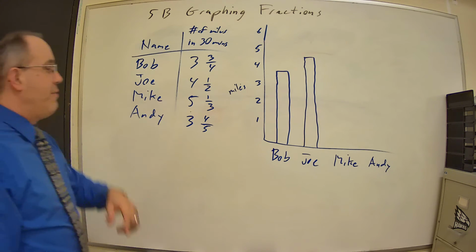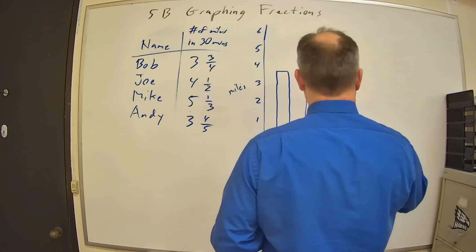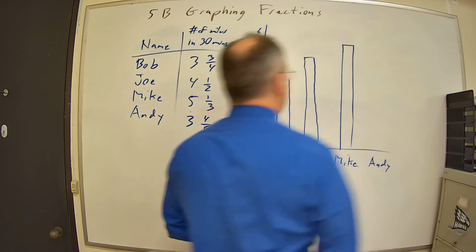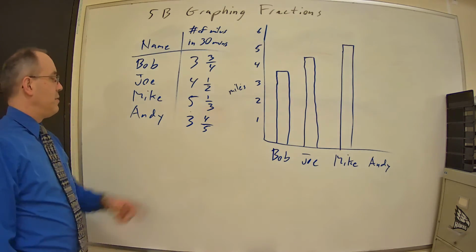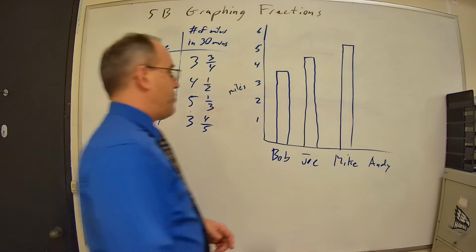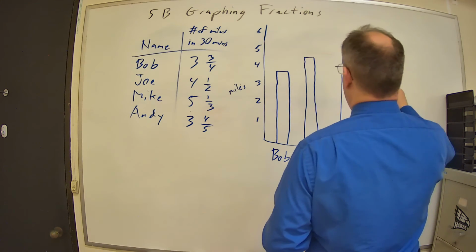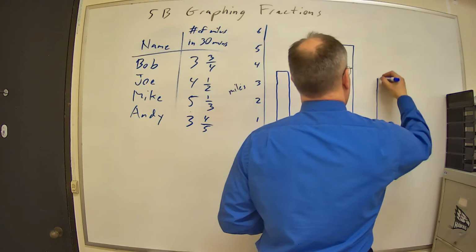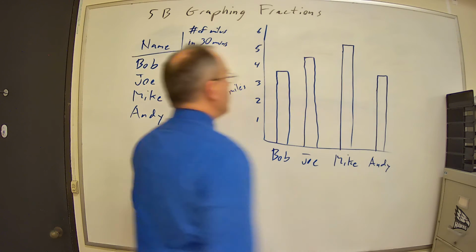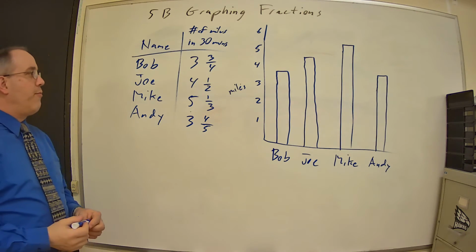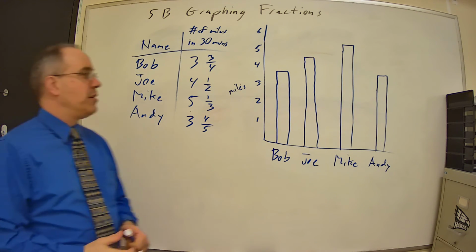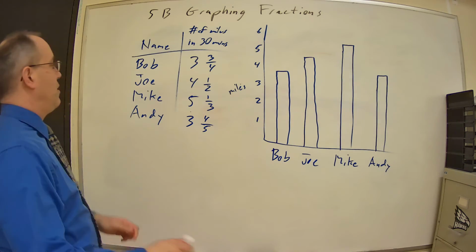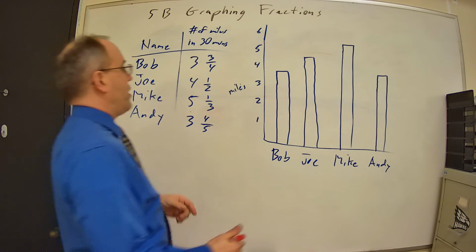Mike, 5 1/3, all the way up to 5, and then 1/3 of the way up to 6. Andy, 3 4/5. So he's going to go up to 3, and then 4/5 of the way to 4.